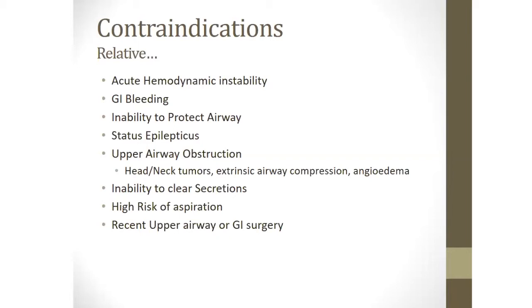These are the relative contraindications. Inability to clear secretions, if there are copious amounts of secretions and the patient doesn't have the ability to clear them, is a relative contraindication too. If there is risk of aspiration, like in vomiting, or recent upper airway or GI surgery, that is also a relative contraindication for NIV use. Next slide, please.